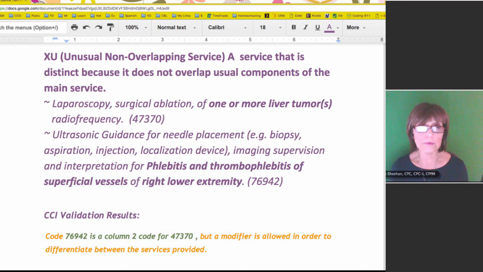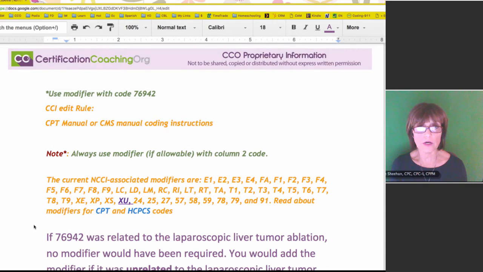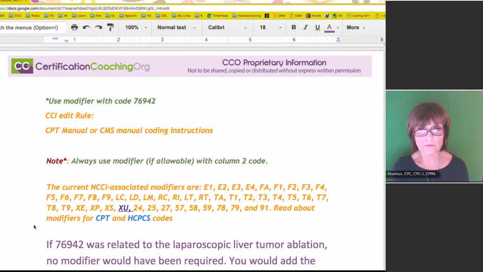Example, biopsy, aspiration, injection, localization device, imaging, supervision, and interpretation for phlebitis and thrombophlebitis of superficial vessels of the right lower extremity. When I put these codes in, 76942 was the column 2 code for the 47370, and it did say to append it to the 76942.